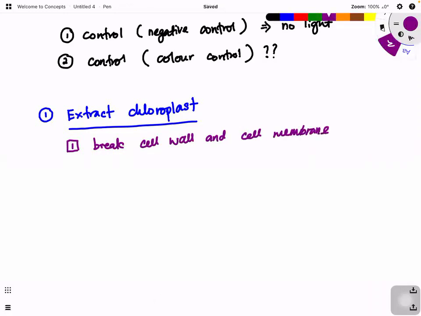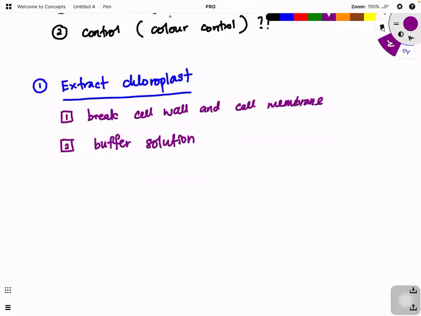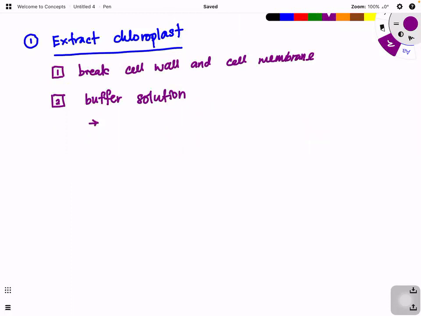So how do we break it? We use a buffer solution. This buffer solution contains 2 important components. First, we have to control the osmotic property of the chloroplast. We want to maintain osmotic property as well as pH. Are you clear?